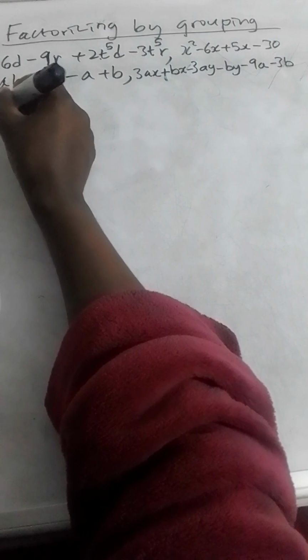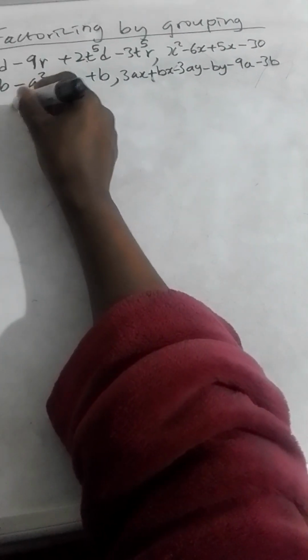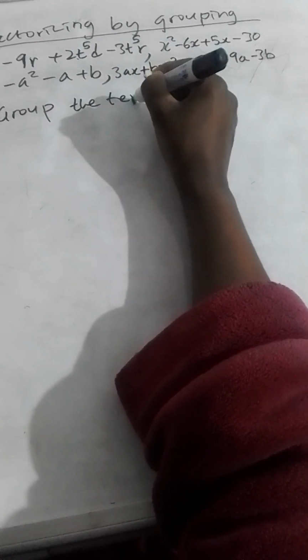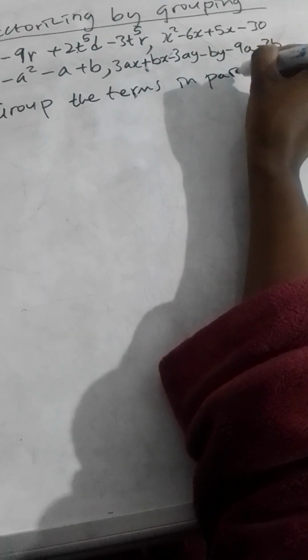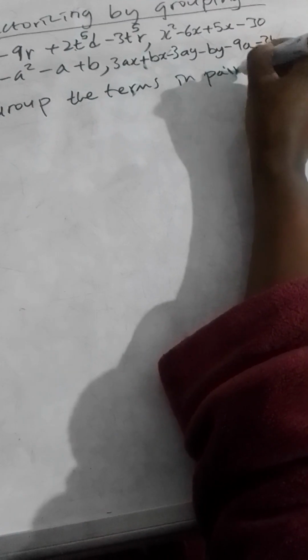So factorizing by grouping, we have these steps. Step one is group the terms in pairs or triples with common factors.